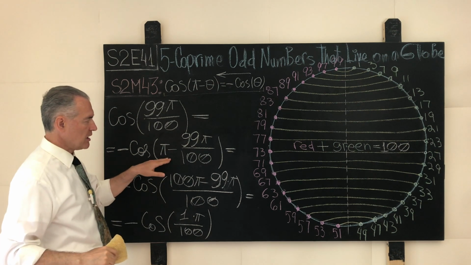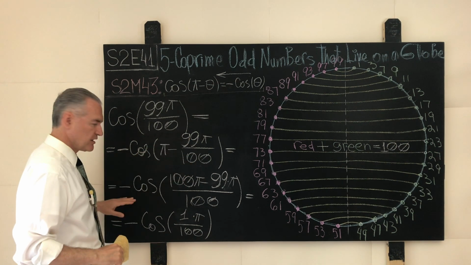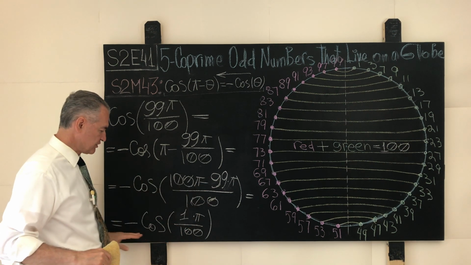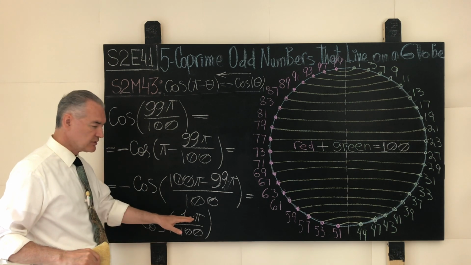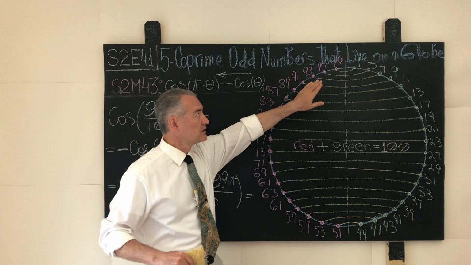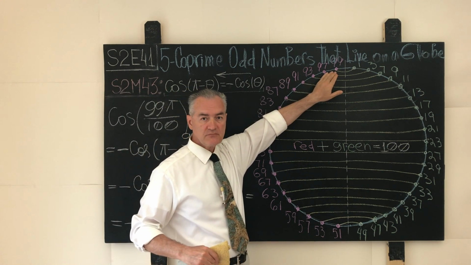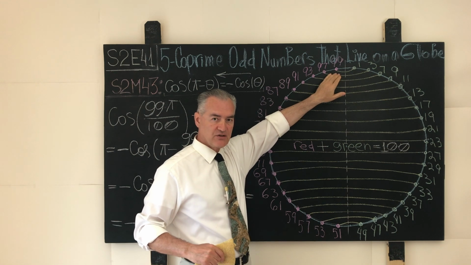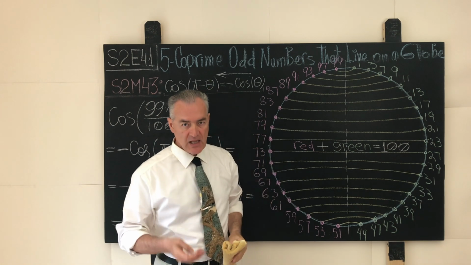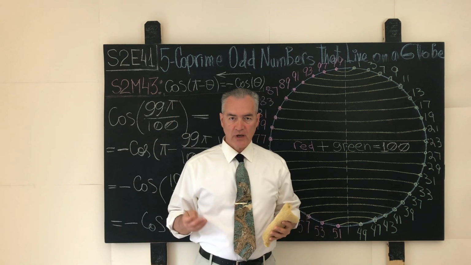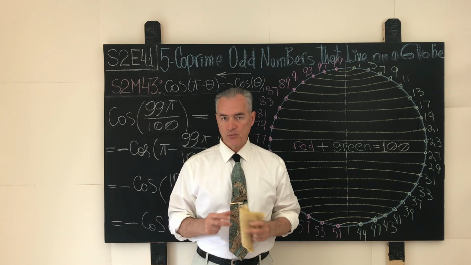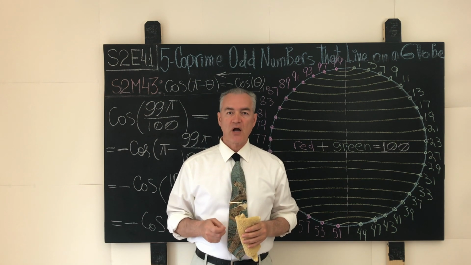Negative cosine of pi minus 99 pi over 100, which is negative cosine of 100 pi minus 99 pi over 100, which is precisely negative cosine of 1 times pi over 100. Again, the cosine of the red number is precisely the cosine of the corresponding green number multiplied by -1. Thus, by doing all this lightweight and straightforward work, which is nothing more than the proverbial middle school arithmetic, we have accomplished what?